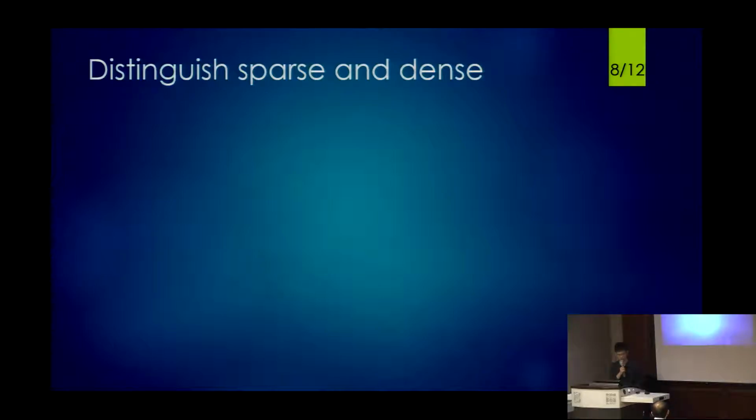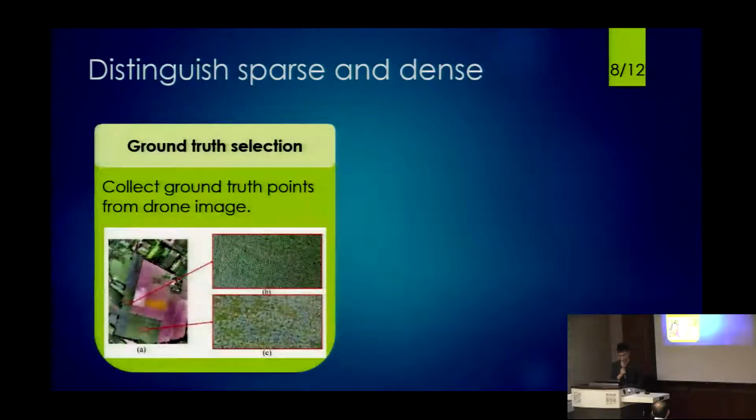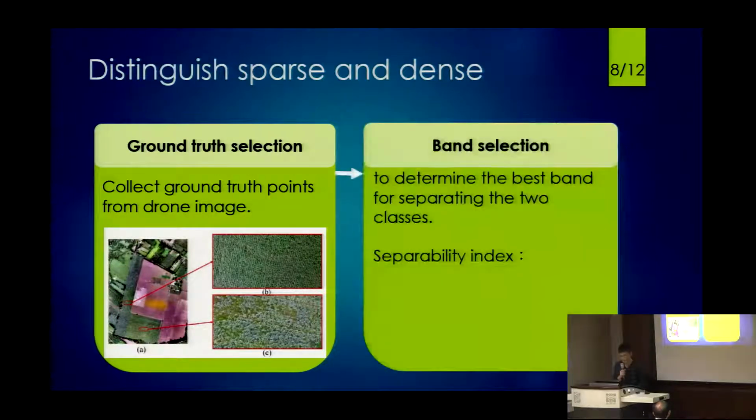So the next is distinguishing sparse and dense. First, they choose the ground truth from the drone image. This is the image taken from the drone, and this is a dense area, and this is a sparse area. So they choose, I think it's done manually.